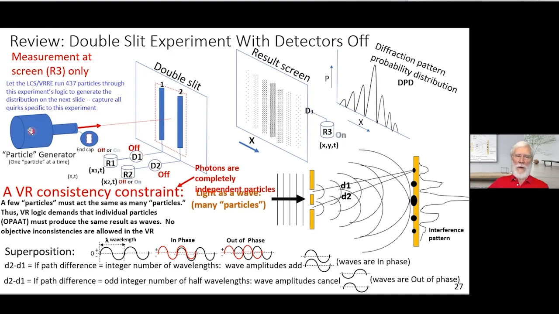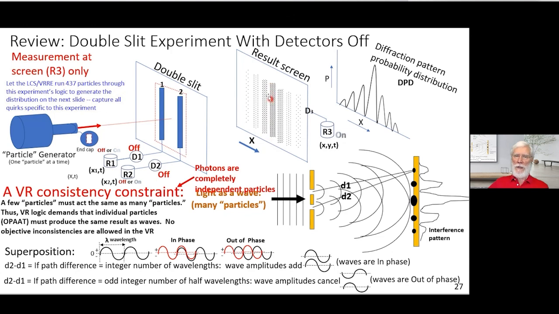We have the particle generator. It spits out a single particle with an equal probability that it could go through either slit, and an equal probability of where it goes through that slit from top to bottom. And what happens now is instead of two piles of particles, we get an interference pattern. Most of the particles land here in the center, and that's darker.